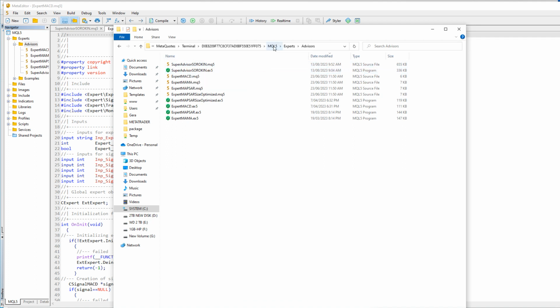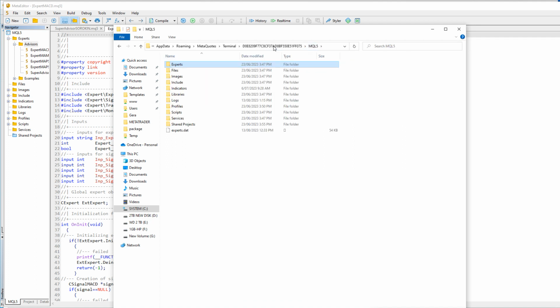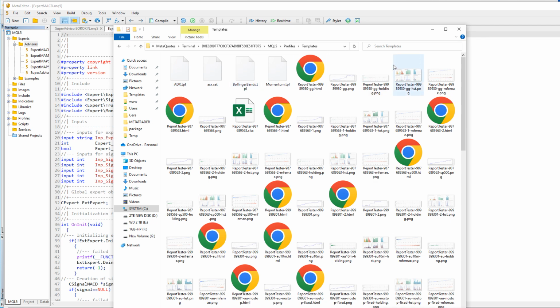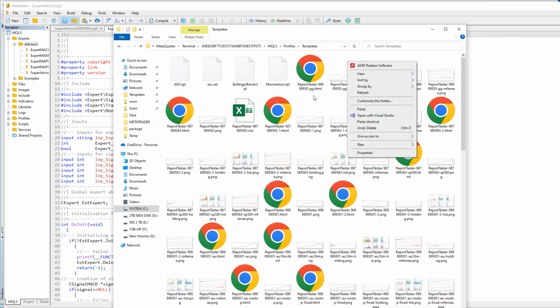After that you can start working, but for an easier life you can install a template. If you go to Profiles, you have Templates, and there could be lots of files here, but it's very important to find the template files.